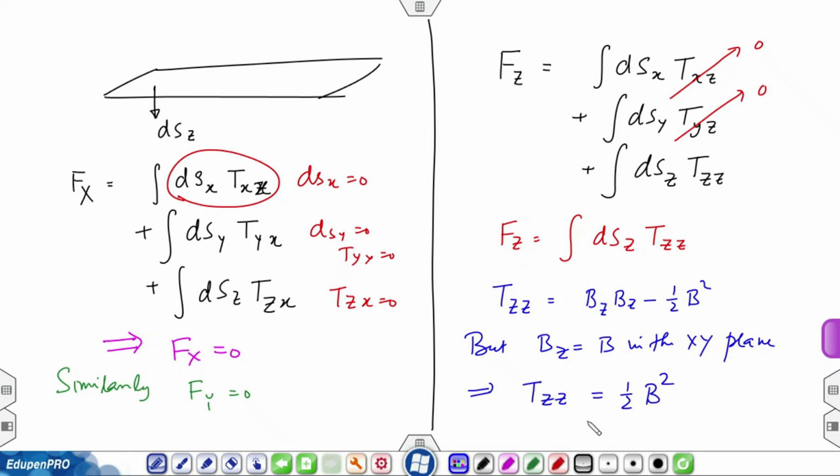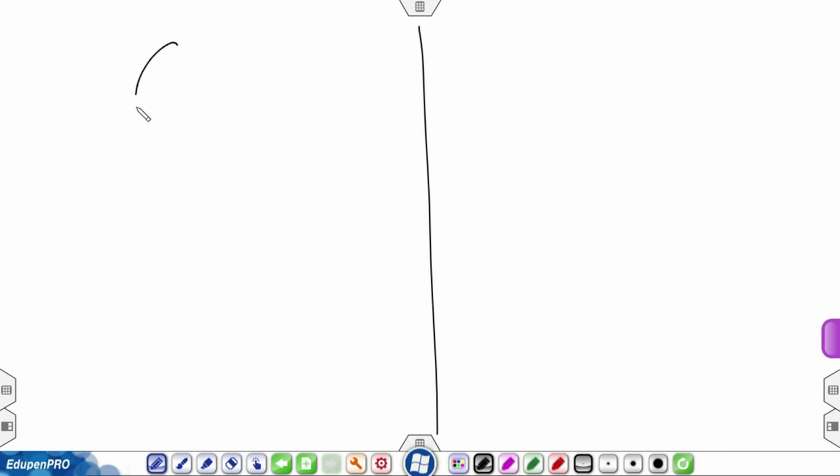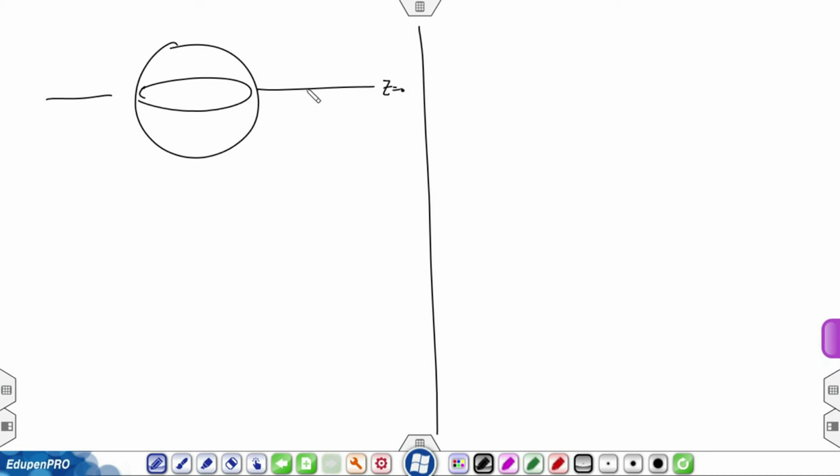So, what do I have now? I have this hemisphere and I have made this plane z equals 0. The only non-zero contribution comes from t z z, and t z z is equal to 1/2 b square. I know b inside, it is constant, and I know b outside.